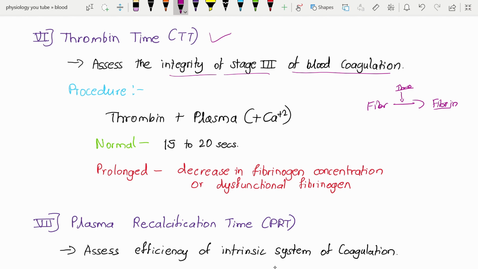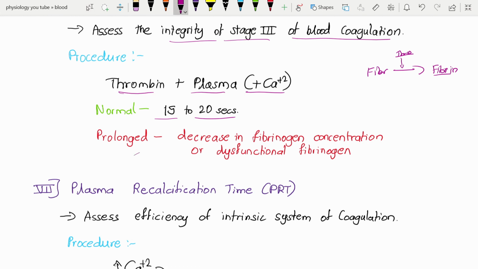So in the thrombin time test, we are going to add thrombin to the plasma in presence of calcium. It's very simple. And there is the formation of the clot. It is said to be normal within the range of 15 to 20 seconds, and is prolonged when there is decreased fibrinogen or dysfunctional fibrinogen.